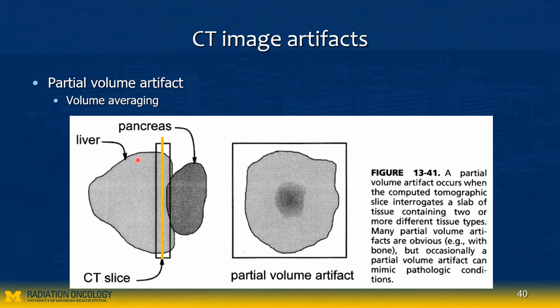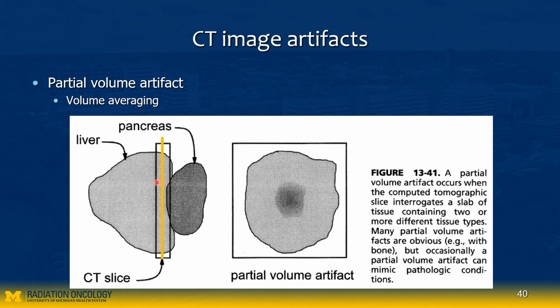Volume averaging effect can be defined as this blurred image that does not exist at this yellow slice. Okay? So strictly speaking, if you create a CT image at this CT location, there's no part of the pancreas, right?